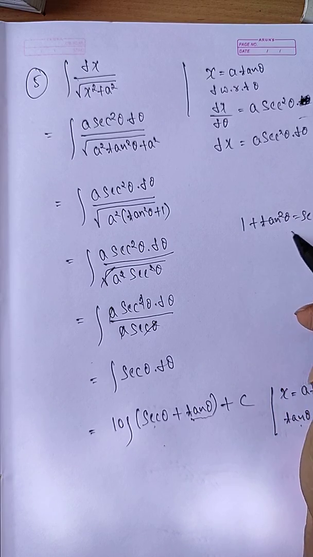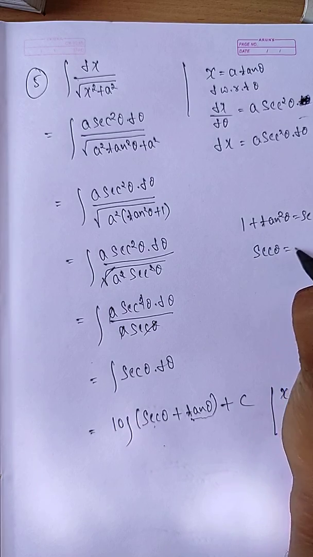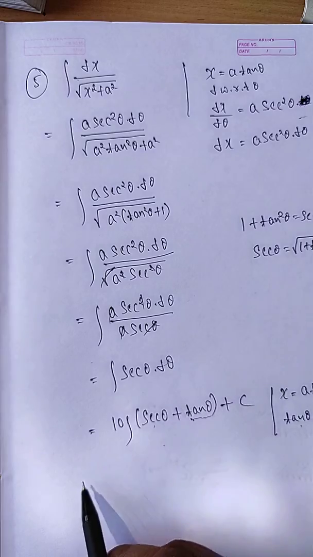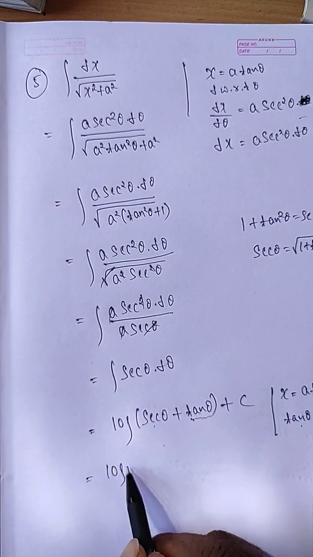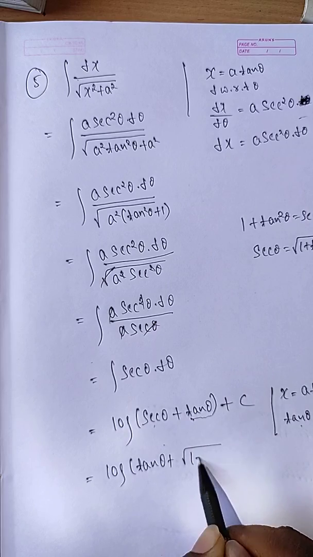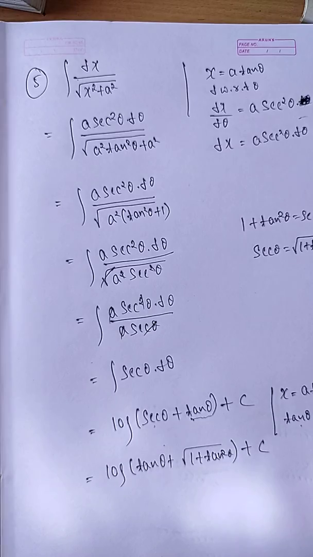Correct? So secant theta is equal to root of 1 plus tan square theta. So I am writing log of tan theta plus root of 1 plus tan square theta plus c.